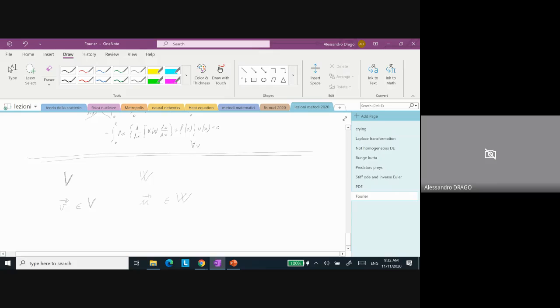The question is, is it possible to find a vector U that we claim to be the best approximation to the initial vector V, restricted to belong to the subspace omega?